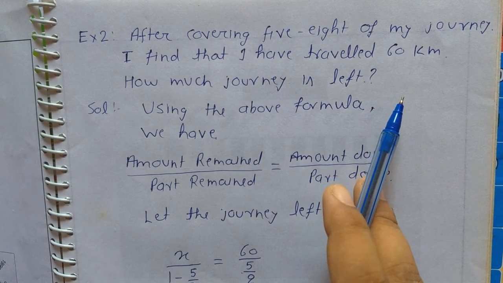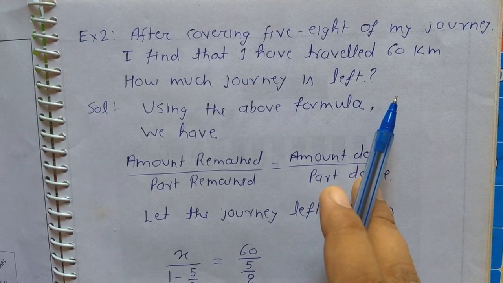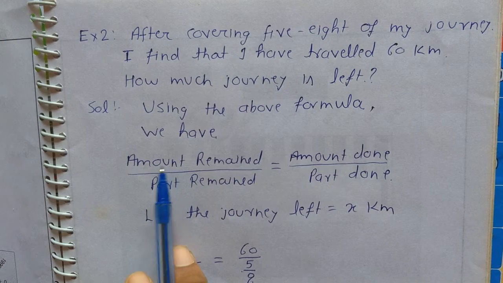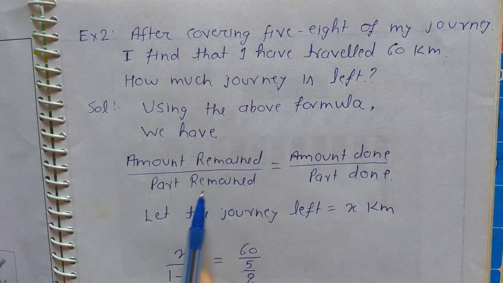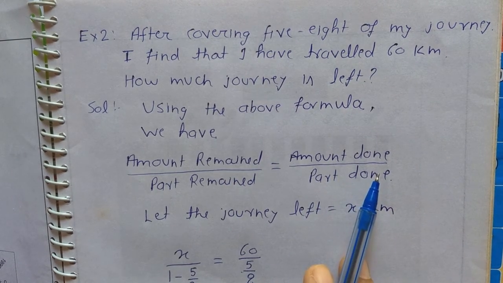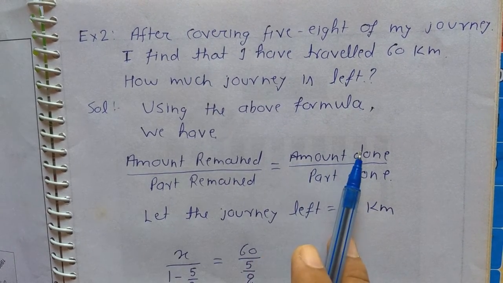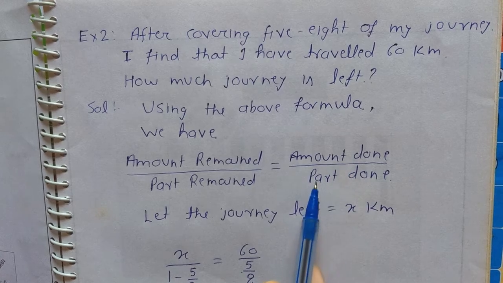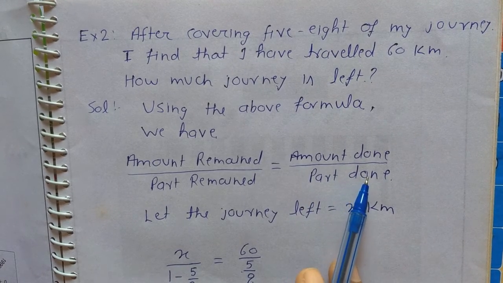This is the amount of the journey which I have covered. So we have to apply the formula amount remained divided by part remained equals amount done divided by part done. Here amount done is 60 kilometer and part done is 5 by 8.